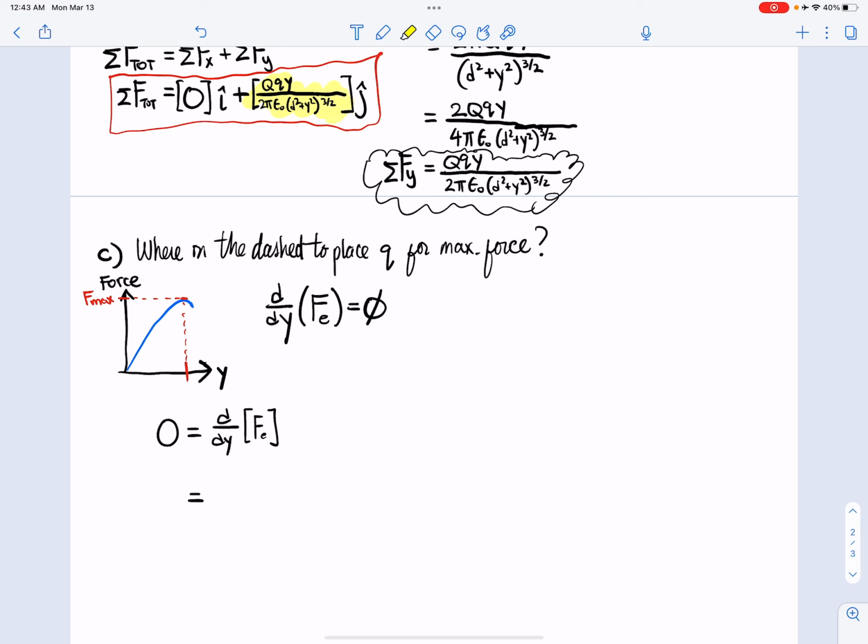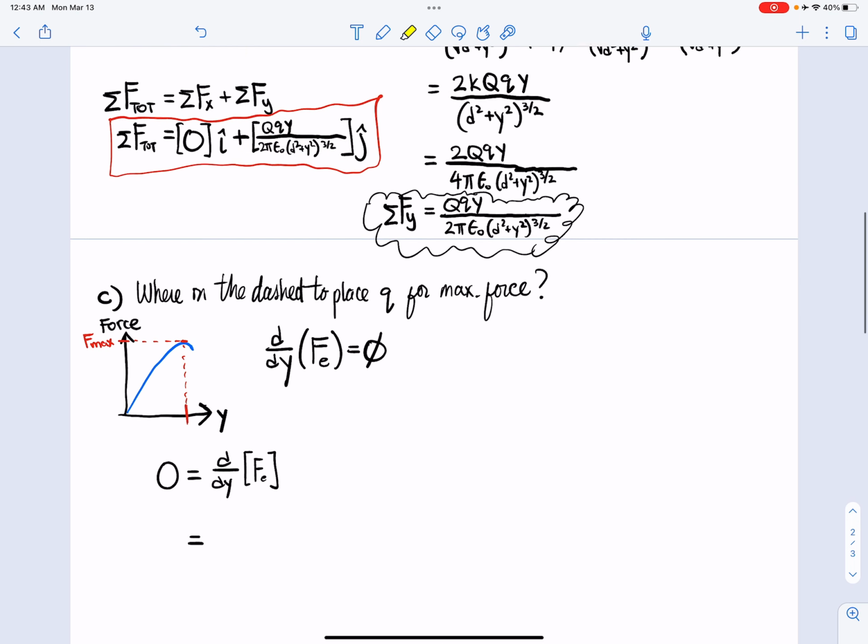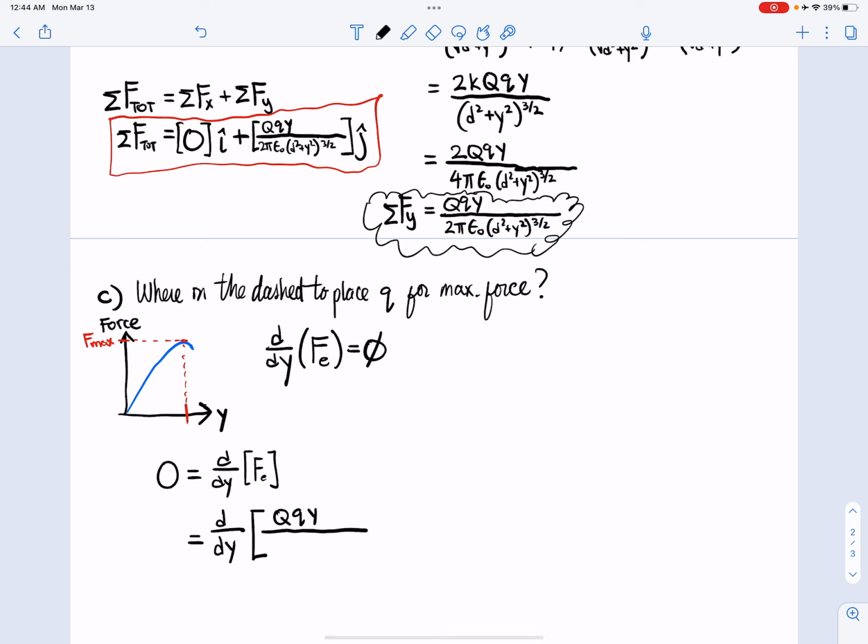That's my F total. I just want to find out where y is for me to have a slope of 0, or a derivative of force that's 0. So d over dy, and I'll plug in the value for my total force, which is Qqy over 2 pi epsilon naught times (d squared plus y squared) to the 3/2.